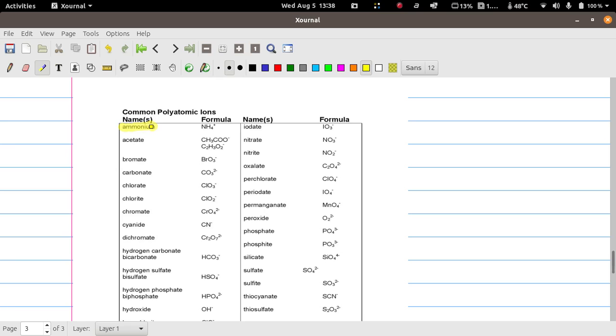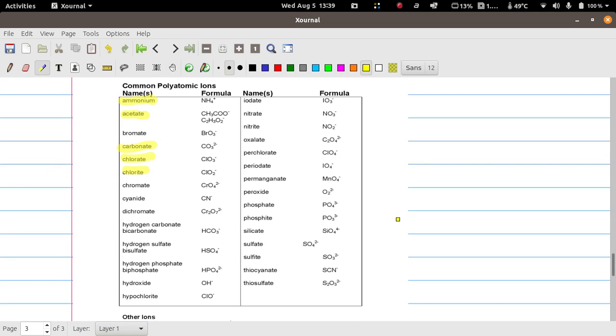Anyways, common polyatomic ions, these are ones that I'm going to expect you to know. So, you have ammonium, acetate, carbonate, chlorite. Actually, I don't really care if you know those, but I'm going to put them there anyways. Cyanide. Let's see. Hydroxide for sure. Hypochlorite.